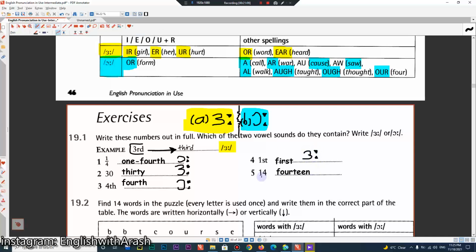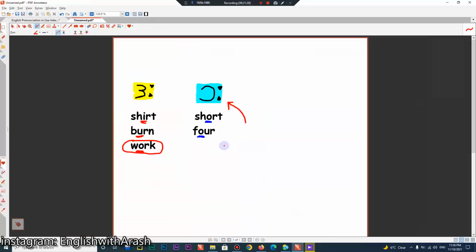And number 5 is 14. So 14. If you're just joining us in this lesson, we are working on E and O, like shirt and short. At the beginning of the lesson, I explained that not all the O's that you see are O. For example, here you see O, but it is A. Work.